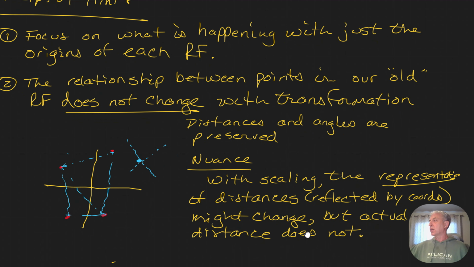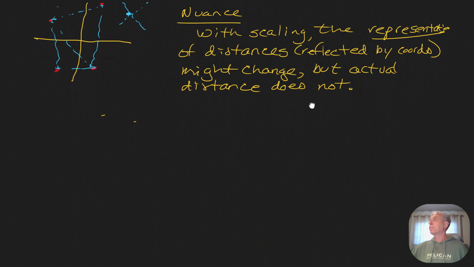That's a pretty easy concept. We do that all the time. So really, even scaling does not affect the relationship between points. It just affects the units by which we represent the coordinates of those points. Important concept. What did I miss here? I don't think I missed anything.